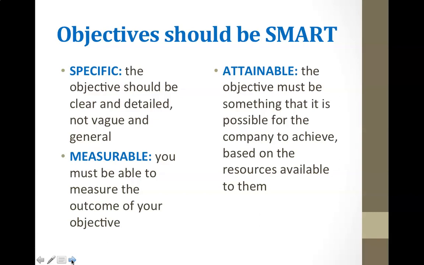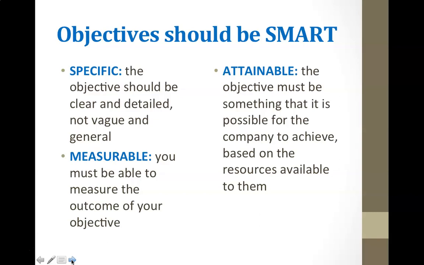Attainable, the objective must be something that is possible for the company to achieve based on the resources available to them. And I think the example we used, using the pizza restaurant the last day and the last slides in class was, if I was a new pizza restaurant and I wanted to put up a billboard, that mightn't really be attainable because it costs quite a lot of money to put up a billboard in a certain area.